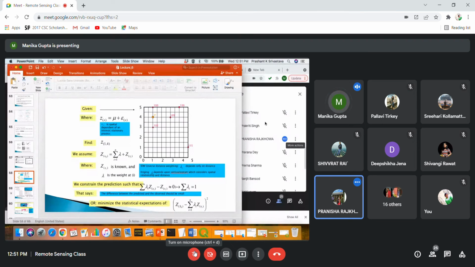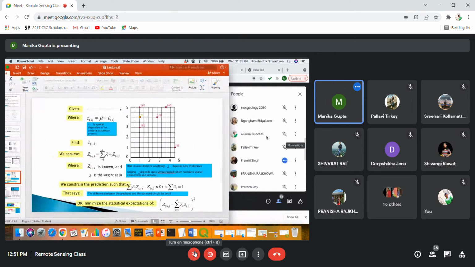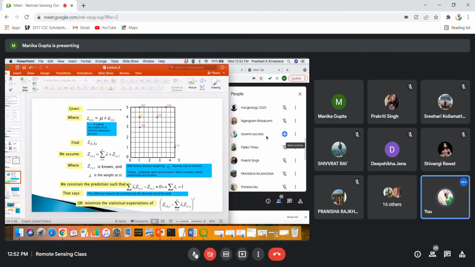Okay. Everyone else, Prakriti, Oluremi. I'm still thinking. Prakriti is still doing it. Oluremi, did you write the formula? Okay, so what is the formula?